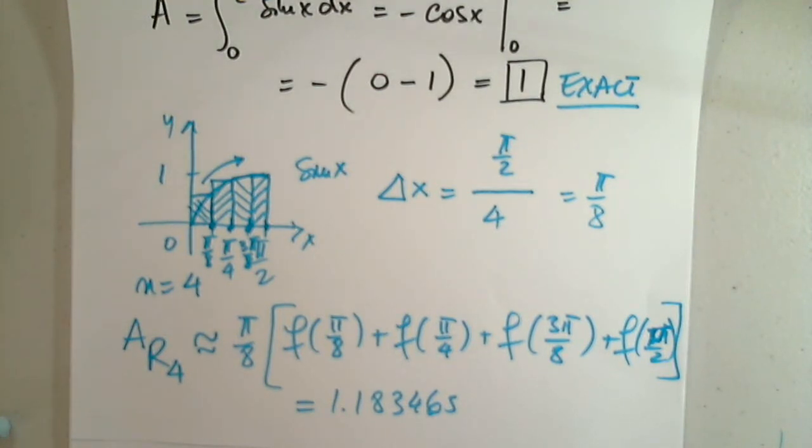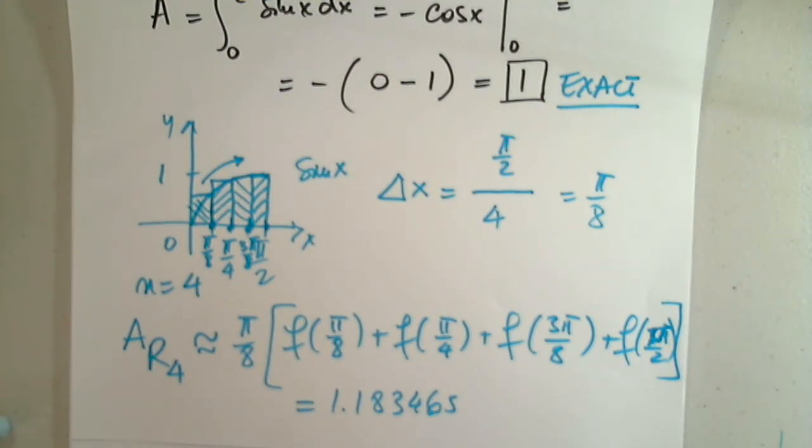Sure. Okay, so we do this. We go to stat. Stat is number 1. Number 2 is edit. Enter. In list L1, you type in the x values. In our case, pi over 8, pi over 4, 3 pi over 8, and pi over 2.